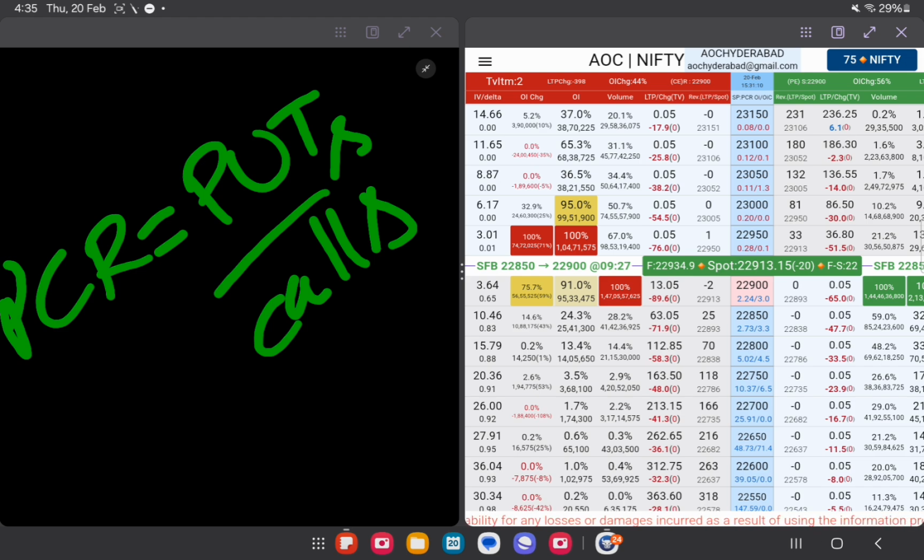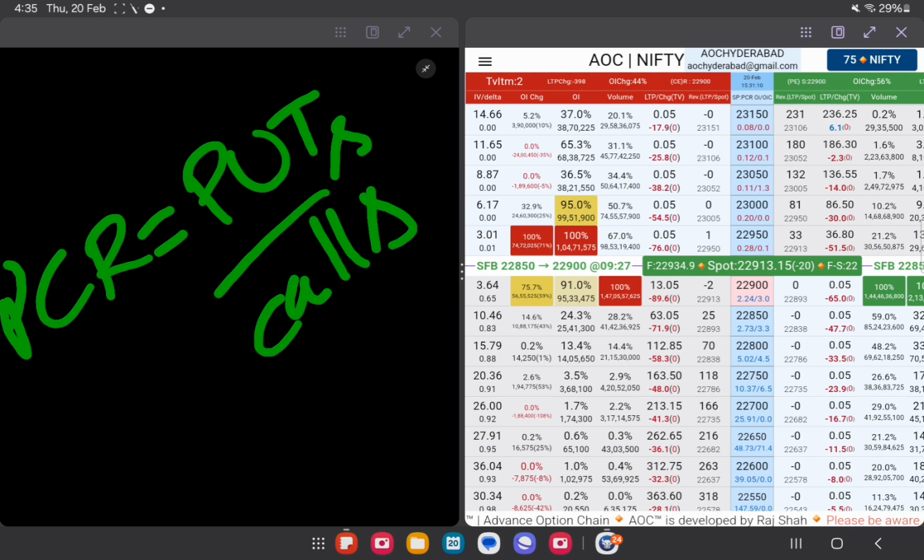PCR data gives us the direction or mood of the market, whether it is bullish, bearish or sideways. This is an additional and important tool to gauge the market direction. We need to use other parameters like OI, OI change or volume to strengthen our decisions. There are some people who solely trade on this data.